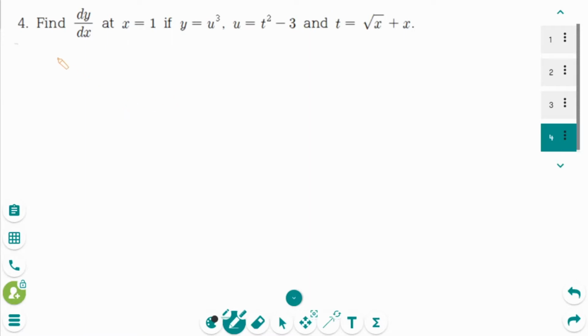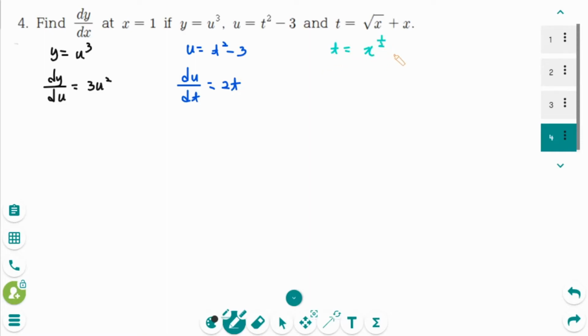Number 4, y equals u³. So dy/du equals 3u². u equals t² − 3, du/dt equals 2t. t equals, we can rewrite as x^(1/2) + x. So dt/dx equals 1/2 x^(−1/2) + 1.